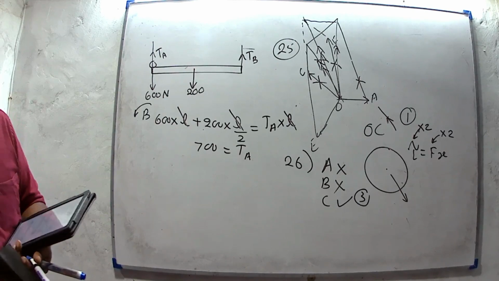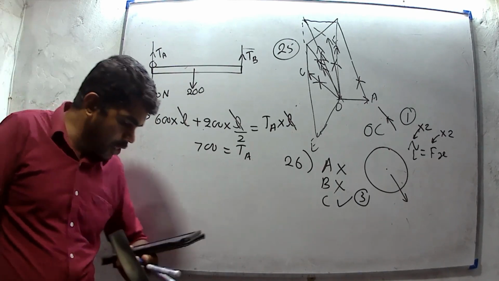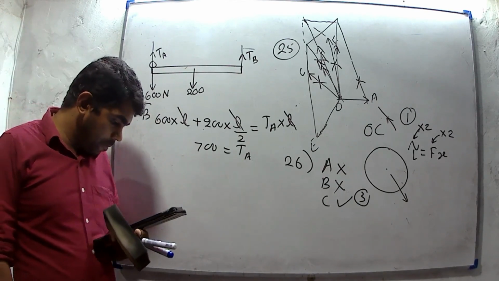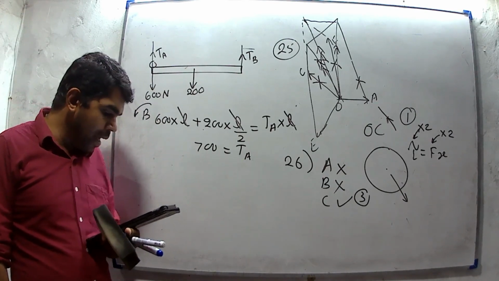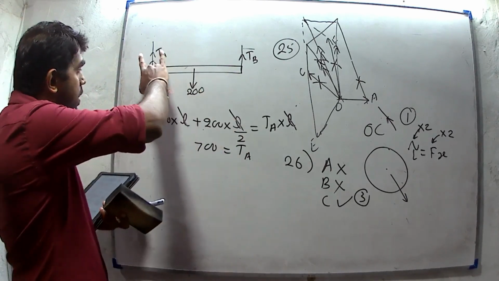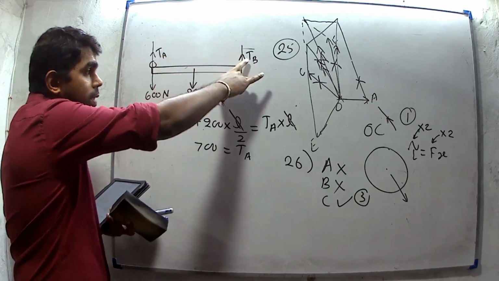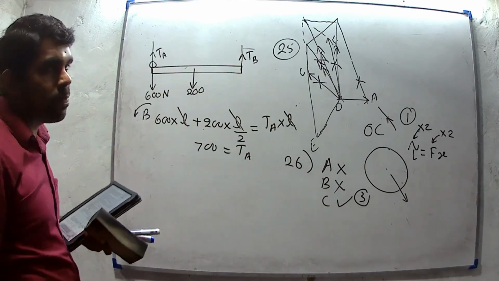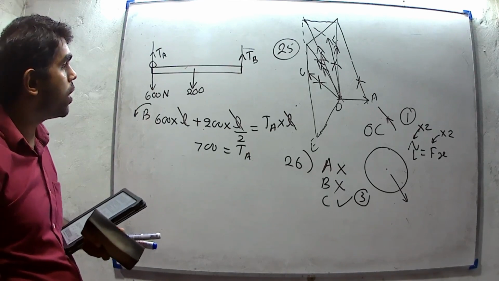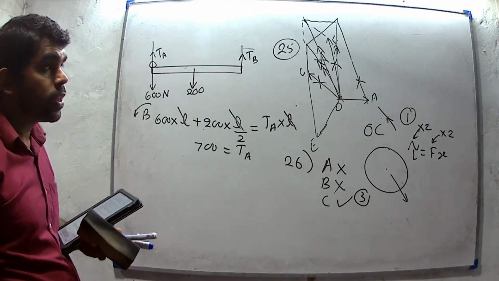It is the minimum tension withheld by rope A. By considering the same thing, if the man is at B, tension at B should be 700. It is the minimum tension required for rope B.